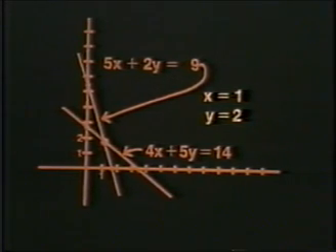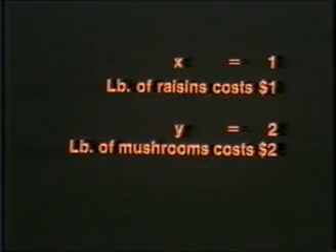I read off the intersection as x equals 1, y equals 2. Test it by substitution and find that it works. So we know that raisins are $1 a pound and mushrooms are $2.